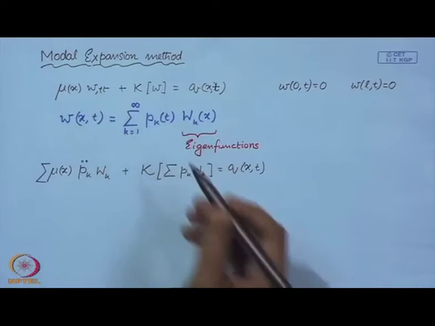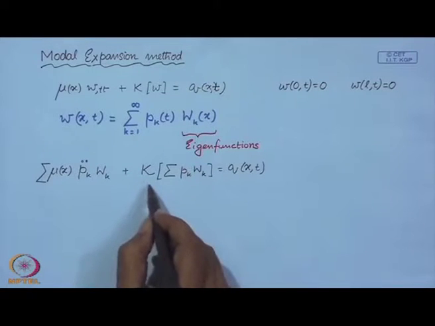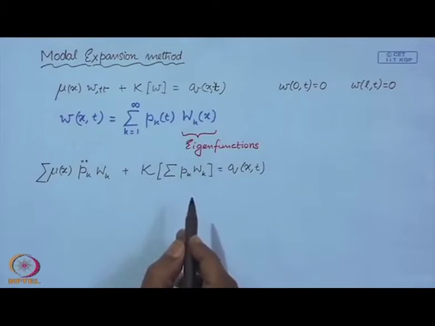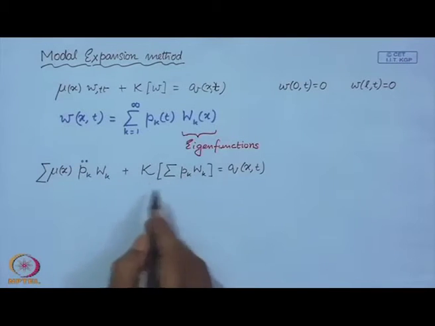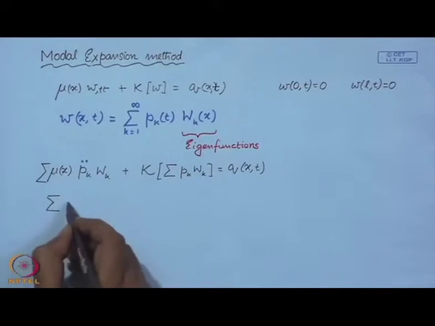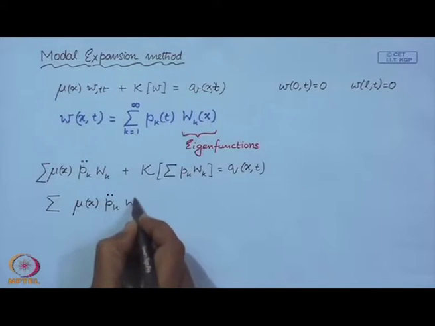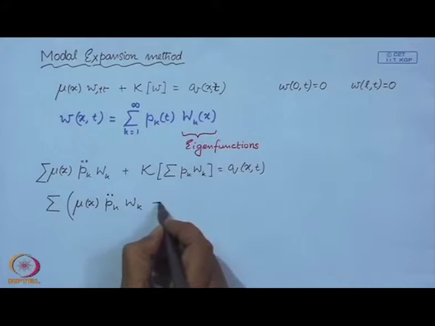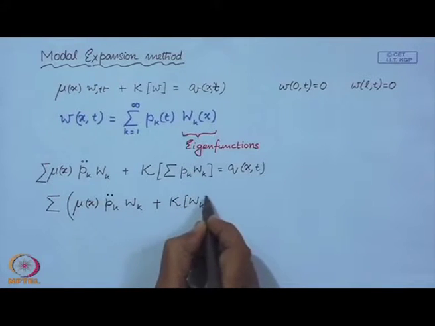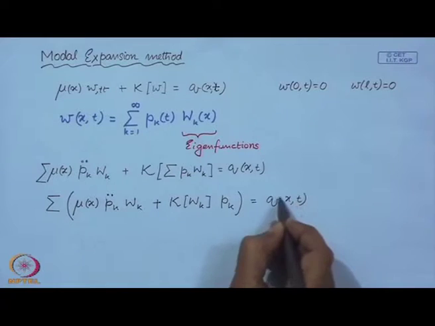So, we have substituted this expansion in the equation of motion, and here K is a linear differential operator, and therefore we can commute this summation and the operator and rewrite this equation in this form.